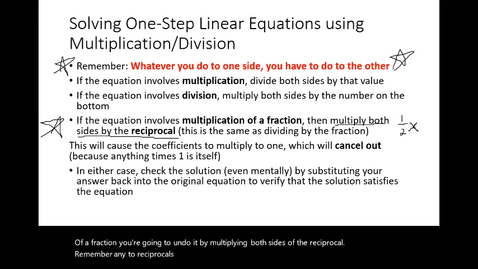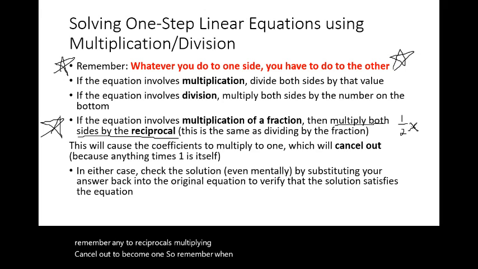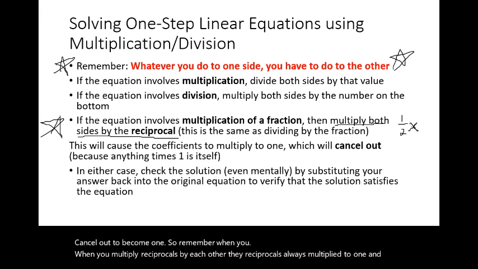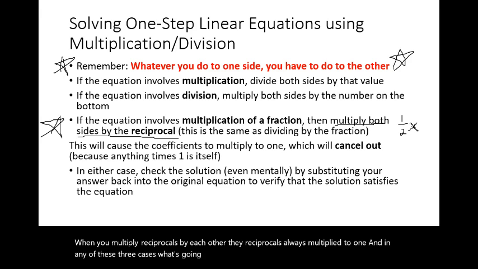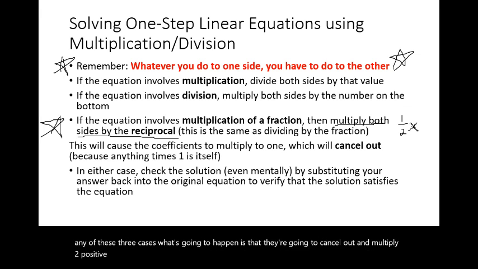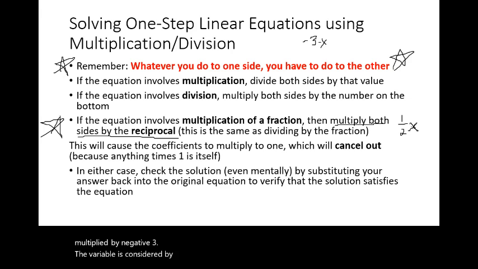So remember, when you multiply reciprocals by each other, reciprocals always multiply to 1. And in any of these three cases, they're going to cancel out and multiply to positive 1. Also, if you have a negative coefficient, like negative 3x, for example, where x is being multiplied by negative 3, the variable is considered by itself when the only thing that's being multiplied by it is a positive 1.